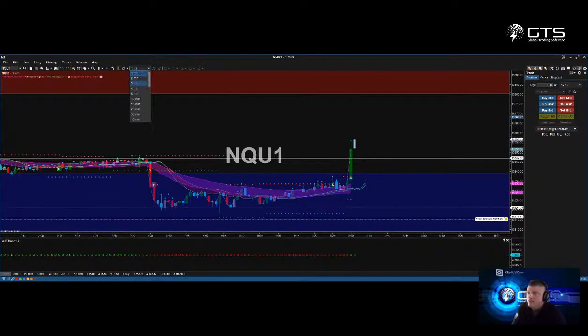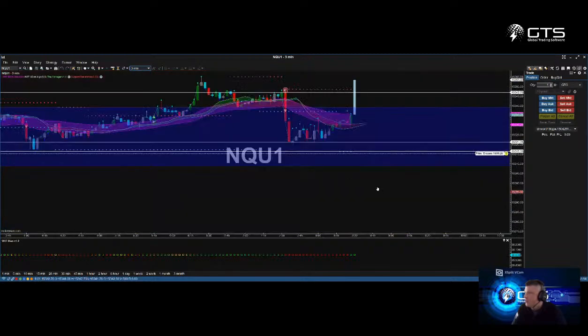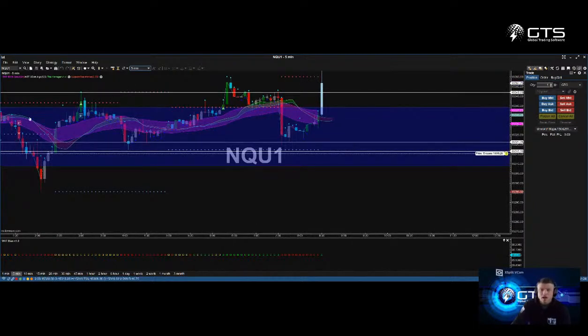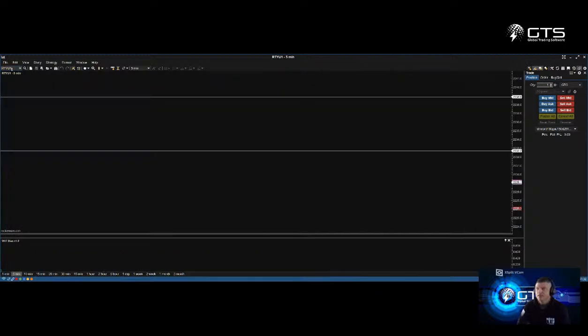Let's see here. On the 3, we're probably going to end up getting a good solid signal on either the 3-minute or the 5-minute after some of these close. Let's see here, 829.59. Wow. Okay. Well, let's go, man.